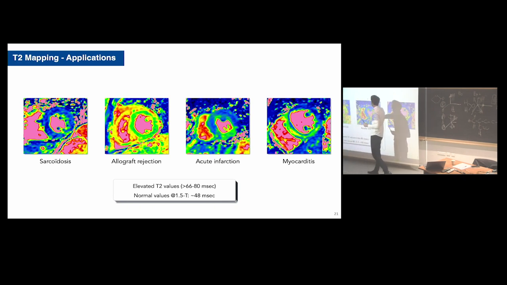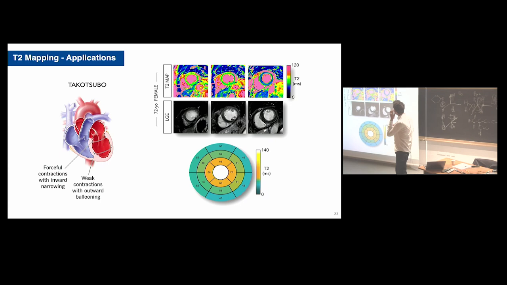We are in this case here, and we want to measure the size of the inflammation, the size of these green pixels. But just to open a parenthesis, this T2 mapping technique is very useful in many cardiomyopathies, and we use it also in Takotsubo cardiomyopathy. I don't know if you've heard about Takotsubo cardiomyopathy.